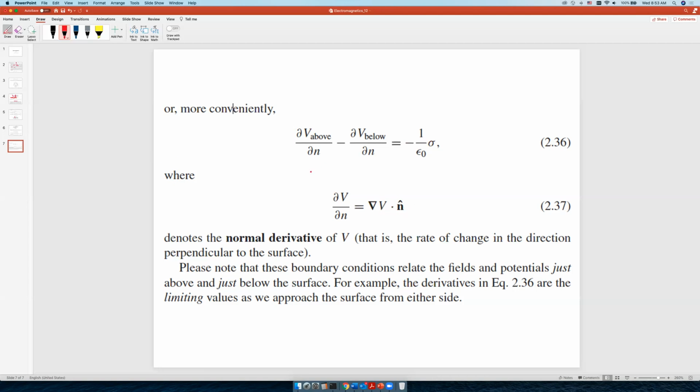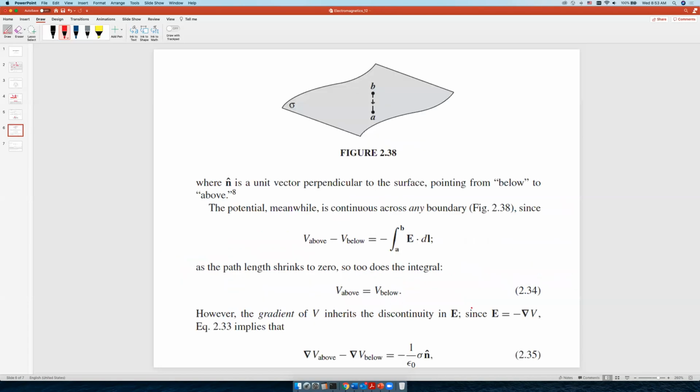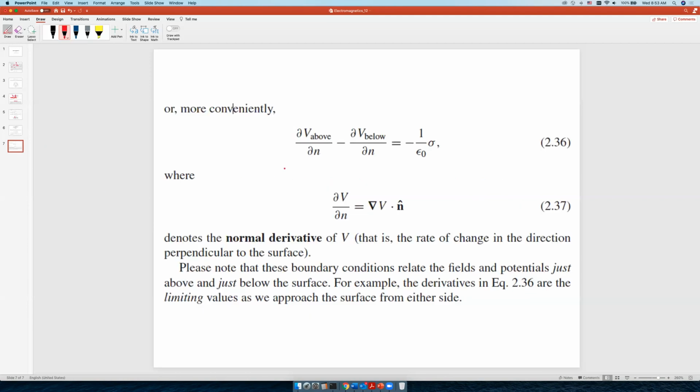So it's just another format of the same equation. You just need to remember one format, then you can derive all the other equations, either 2.36 or 2.33.